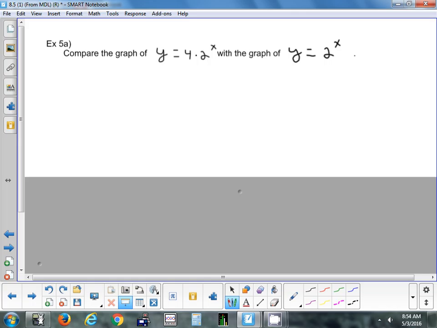So we're going to start by writing that down. Vertical stretch. Now, we have to be a little more specific. You have to tell me how much of a vertical stretch. Okay, so vertical stretch by a factor of how much? 4. That's it.